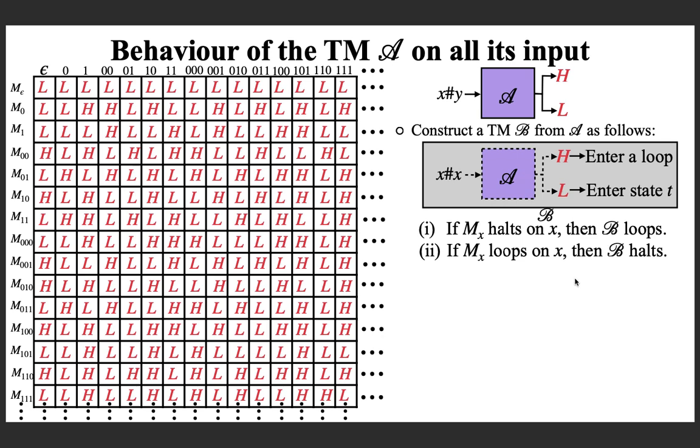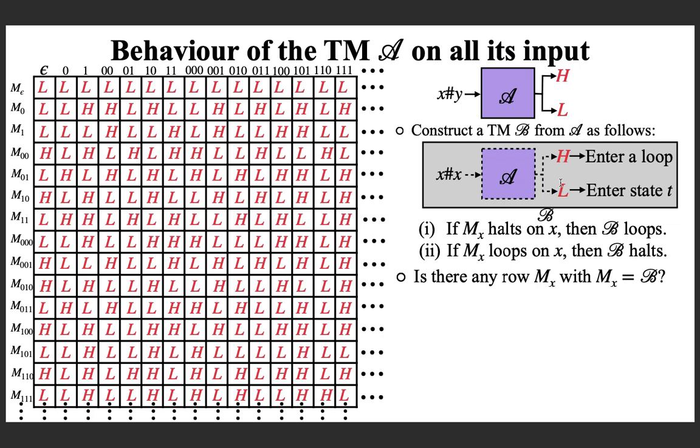Now we are going to derive a contradiction. We are asking this question: is there any binary string or row X such that Mx is nothing but the constructed Turing machine B? Or we are asking whether there exists a binary string which is an encoding of this Turing machine. It must be the case, right?